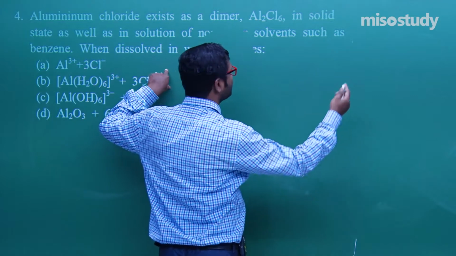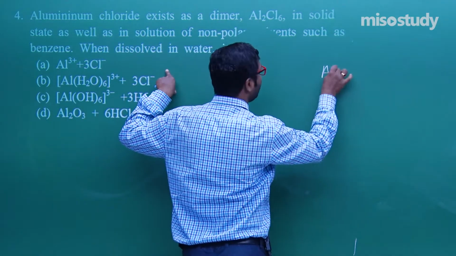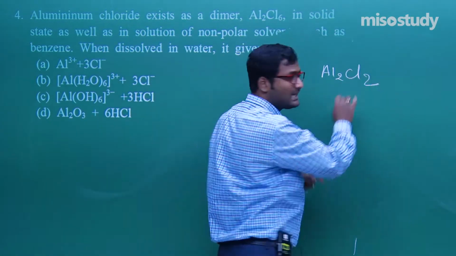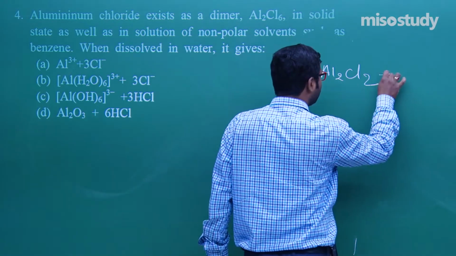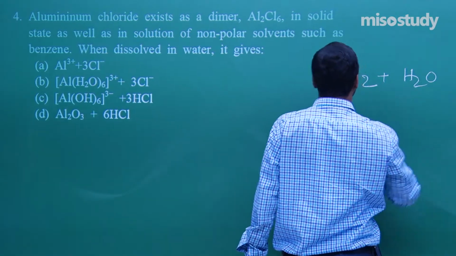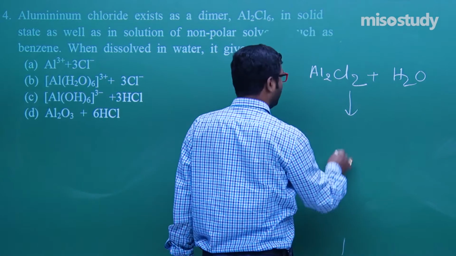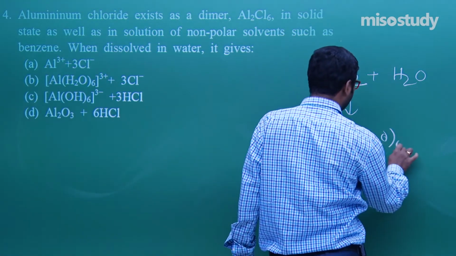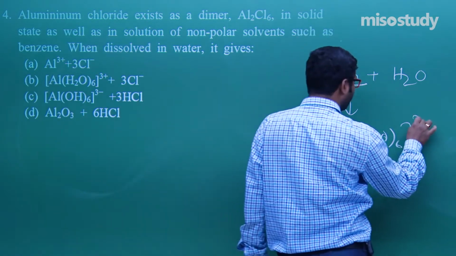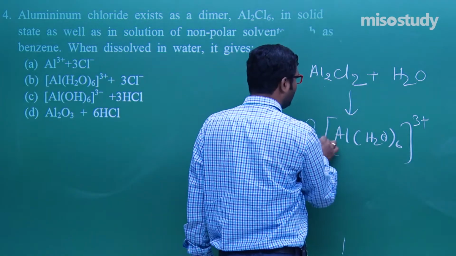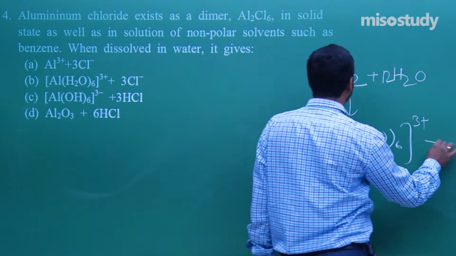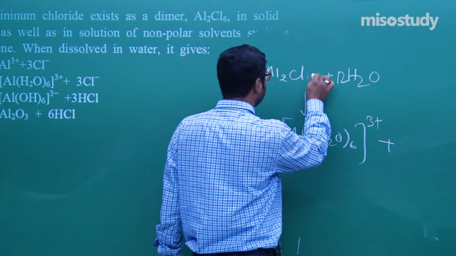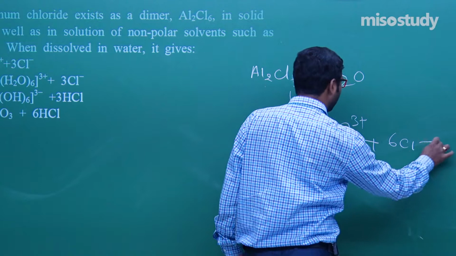In this case, we write Al2Cl6 plus treatment with water, then what will happen? It will give you a complex [Al(H2O)6]3+ with 2 put here, 12 water, and from Al2Cl6, 6Cl minus.